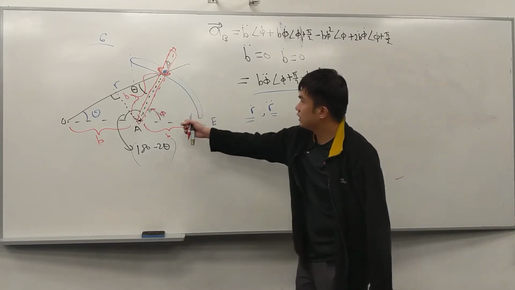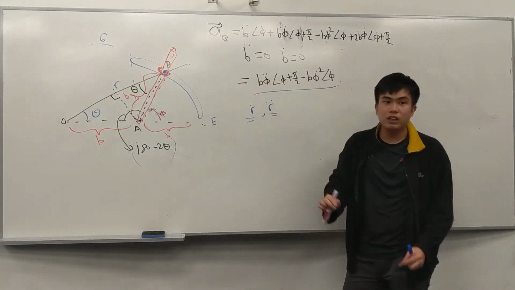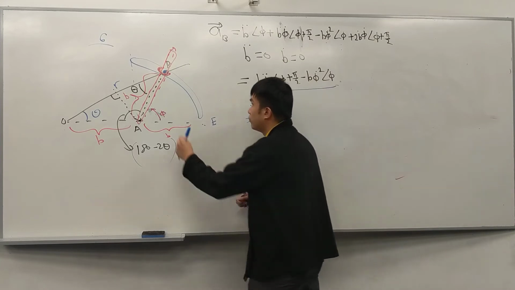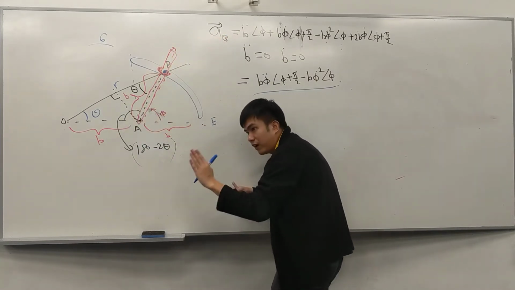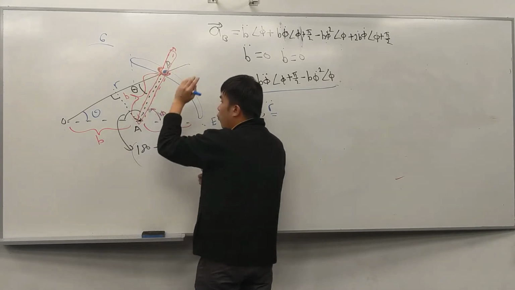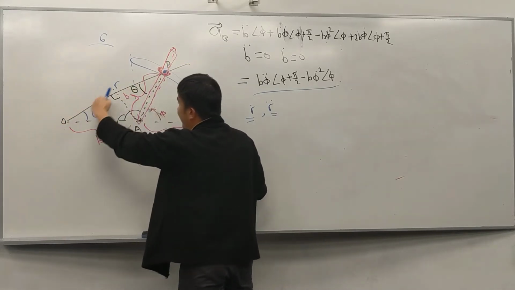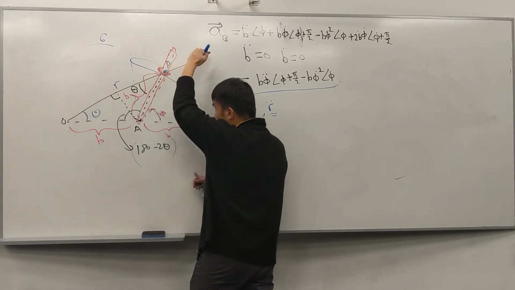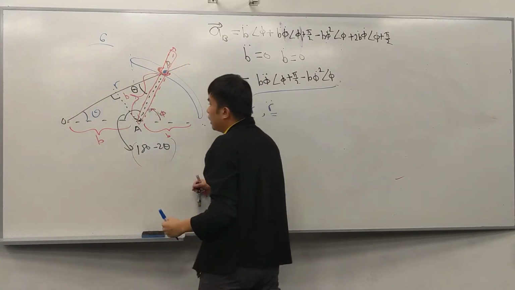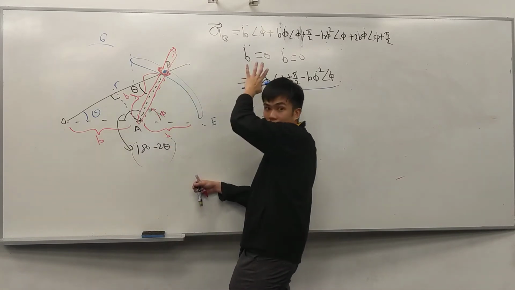Let me repeat. The red color part is denoted by this equation. However, they are not trying to find the relative velocity of the ring with respect to our own imaginary pole. They want the relative velocity of the ring with respect to this pole that they actually materialize in the question. The problem is that this pole itself is not very useful for us because we don't have an equation set up for it.